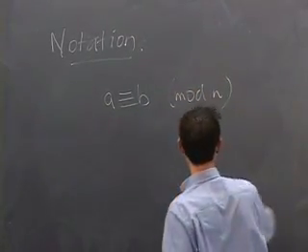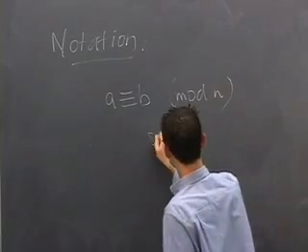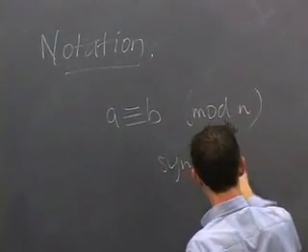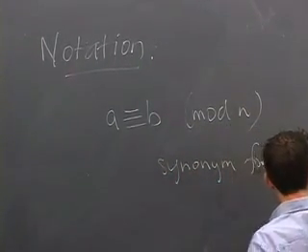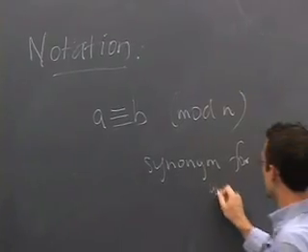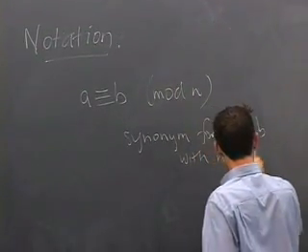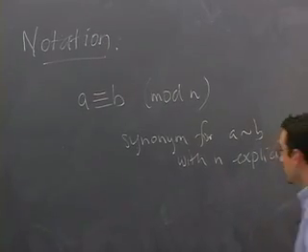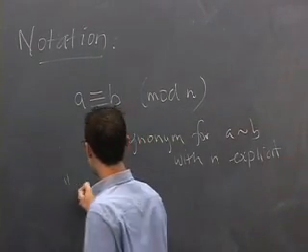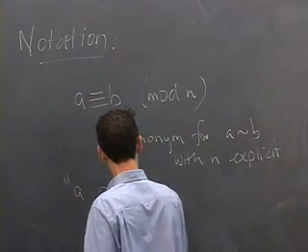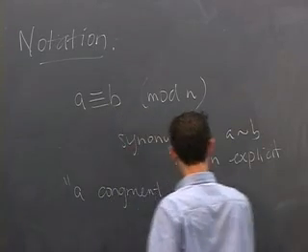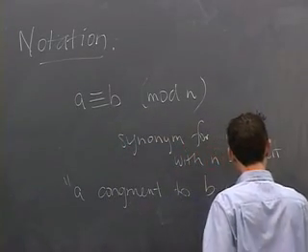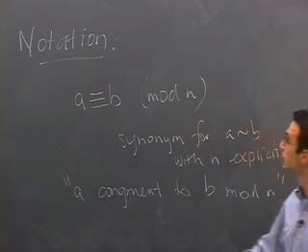This is a synonym for a twiddle b with n made explicit. And the way we say this is a is congruent to b mod n. So this is just a linguistic issue.